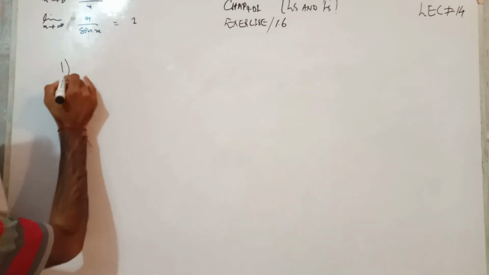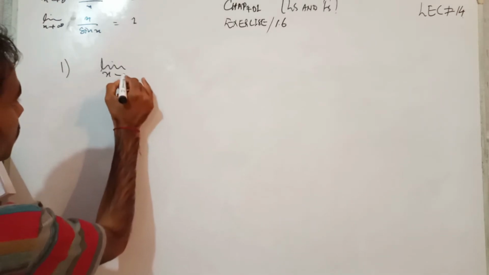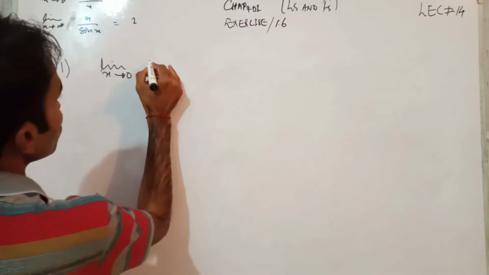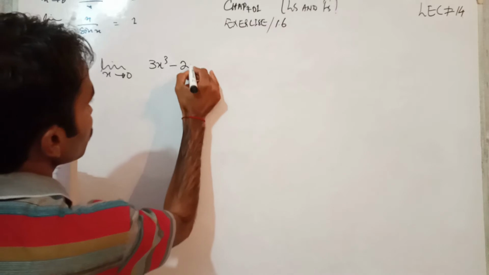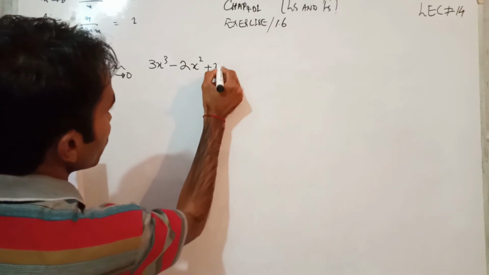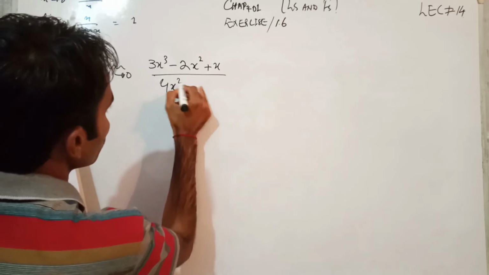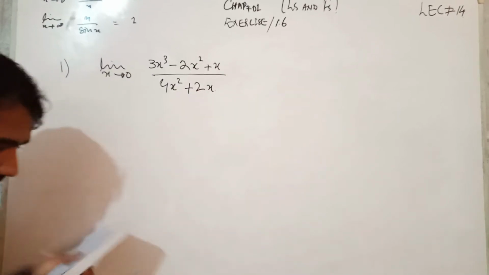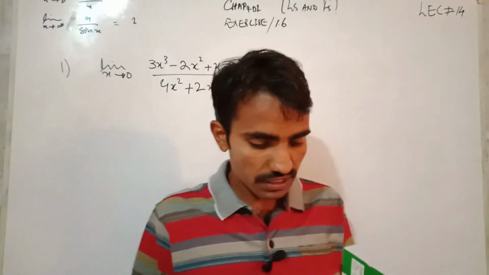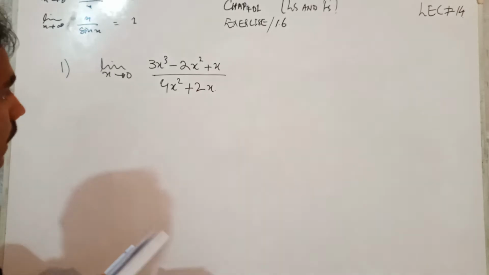Problem number 1 is: limit x approaches 0, 3x cube minus 2x square plus x divided by 4x square plus 2x. In this problem, we just take the common x.